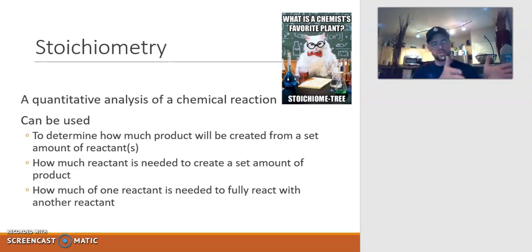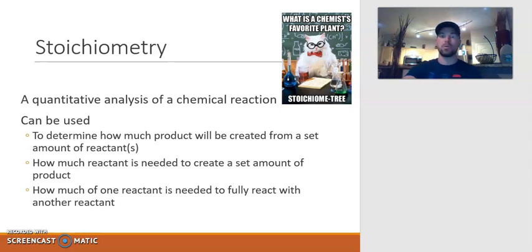So it says, hey, these are your ingredients, and as a result of mixing these ingredients, you're going to get 2 entrees. Well, you would use stoichiometry, or the idea behind that, to figure out, okay, how many materials or reactants do I need if I want to feed my party of 10? Or, hey, I have this much ingredients, how many people can I feed from that? It's the same idea. That's what stoichiometry is.